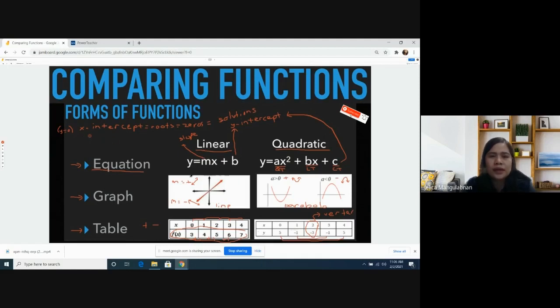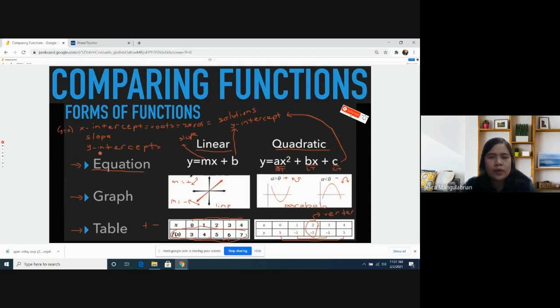Another one is you need to remember what are slopes. What is y-intercept? On the linear, you have a slope. In quadratic, you have vertex. Y-intercepts.